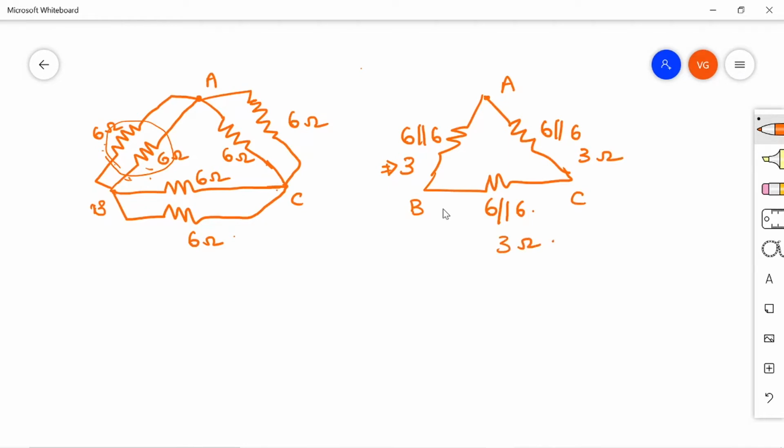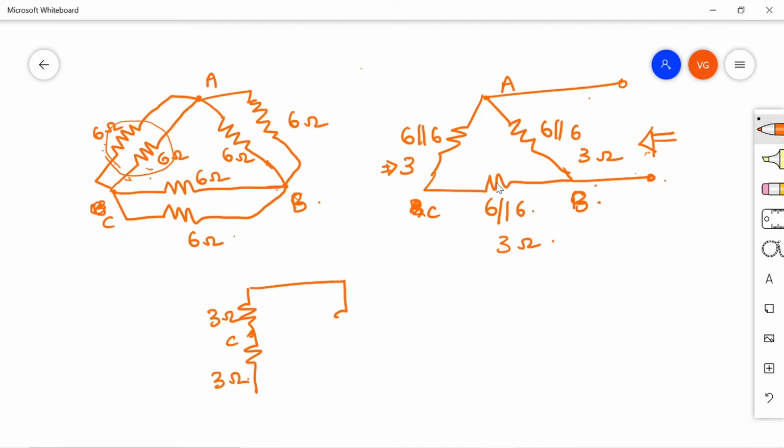They have asked you to find the resistance between A and B. This is terminal B and this is C. To find the resistance between A and B, look from these two terminals, A and B. If you look through the AB terminals, these two resistances will come in series, so you can draw this as: this is my node C, 3 ohm and 3 ohm, in parallel with another 3 ohm.